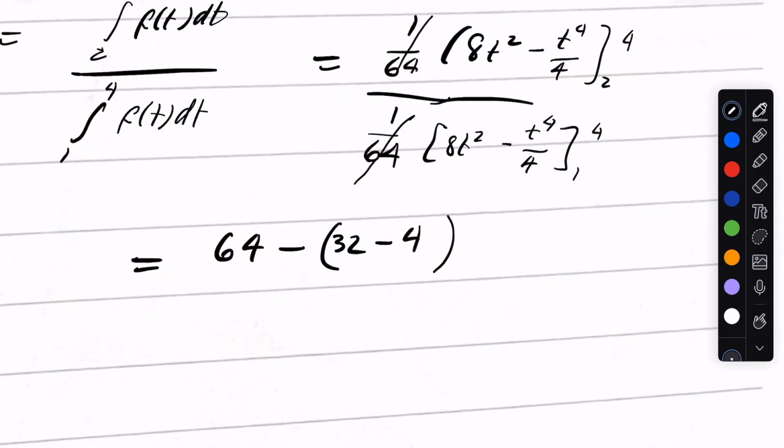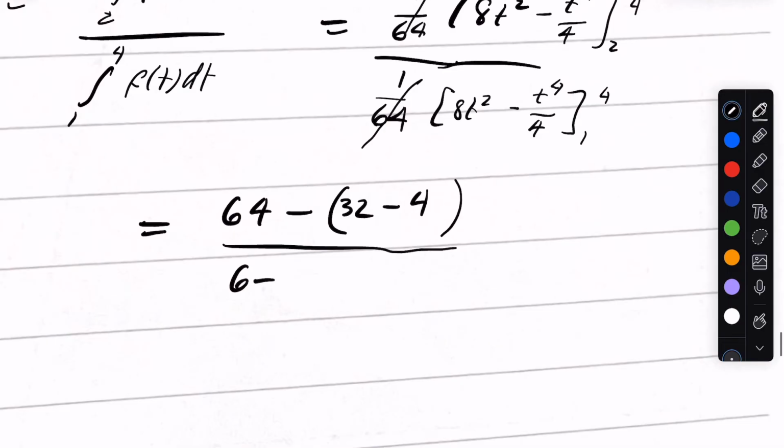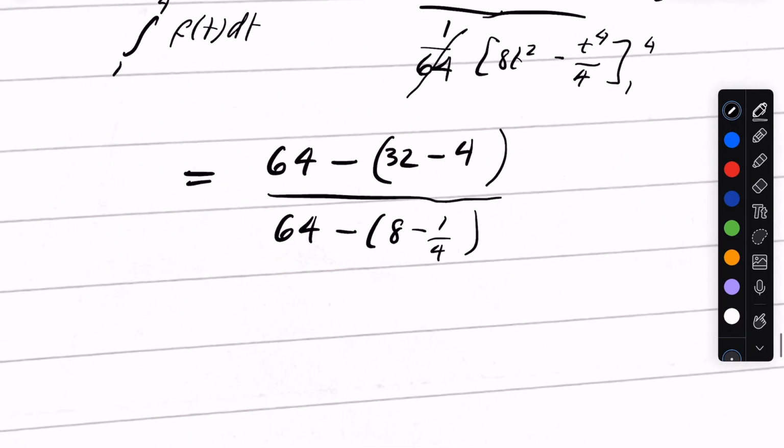And that's in brackets, be careful about that. All over, again, we subbed in 4 already, 64, and then minus 1. So that's going to be 8 minus 1/4. That is 64 minus 28 over 64 minus 32, 31 on 4.